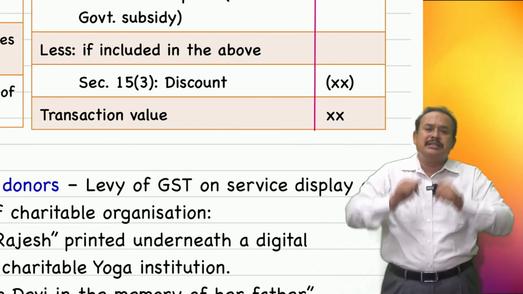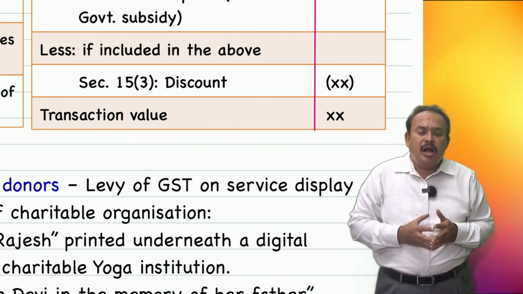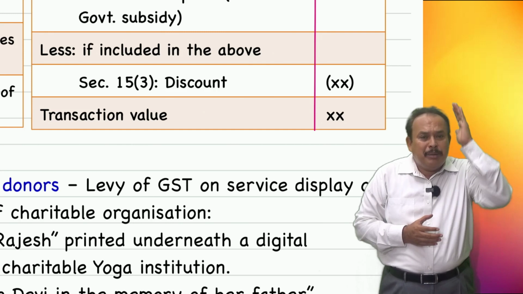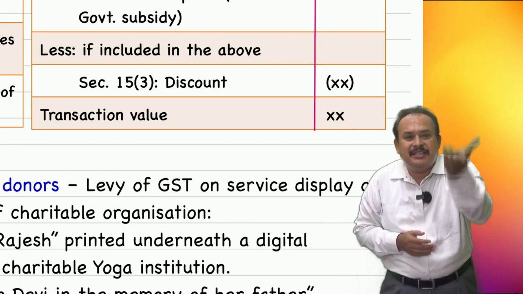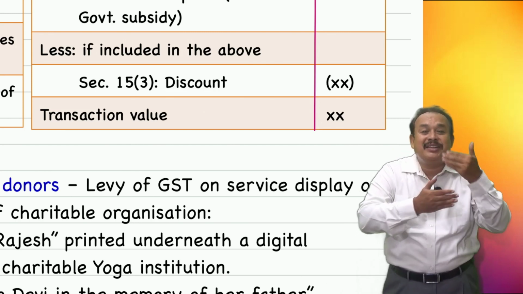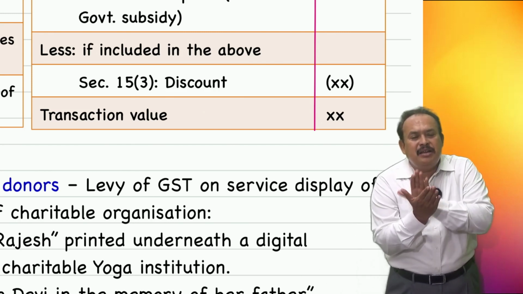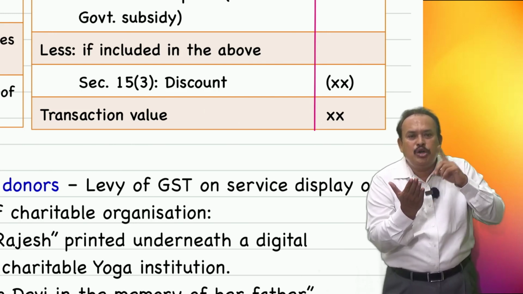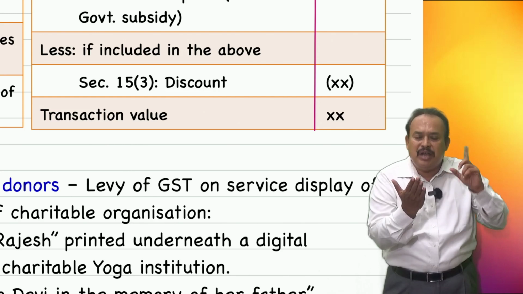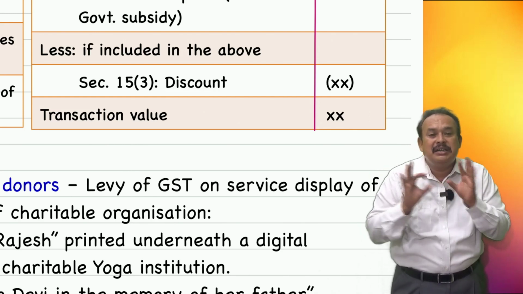Part number 2, discount category number 2. I promised my buyer I will give the discount after sale if the buyer satisfies the condition. I mentioned in the invoice sale value 1 lakh. If the buyer pays the invoice value within 30 days from the date of invoice, a discount of rupees 10,000 will be given.